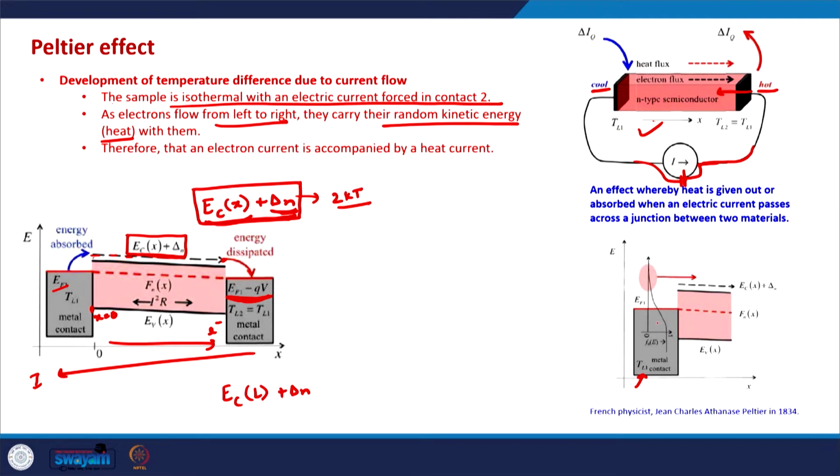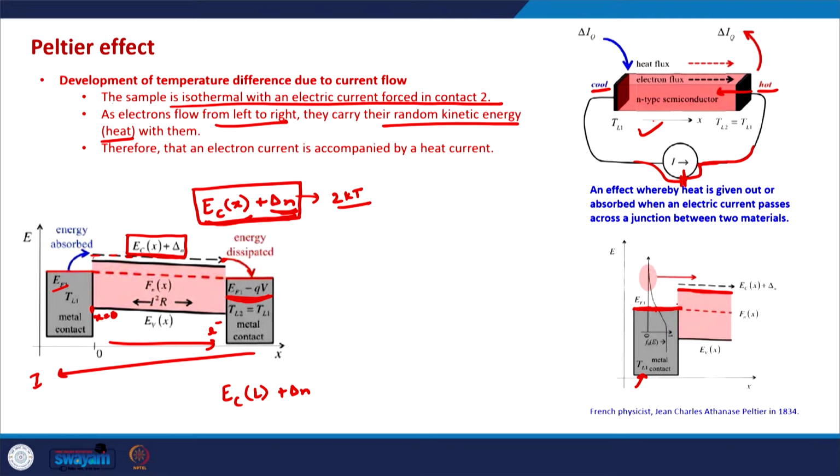As is clear, the Fermi function is a distribution function across the Fermi level, and the bottom of the conduction band of the semiconductor is above the Fermi level of the metal, the Fermi level of the contact.